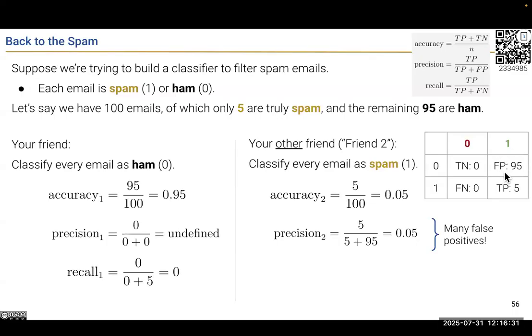Remember, these are positive predictions that are wrong, so actual zeros you predict as ones. There are a lot more false positives, so your precision is low. Your recall on the second row is 1, so 5/5 plus 0. The recall is high in this case because you have no false negatives.